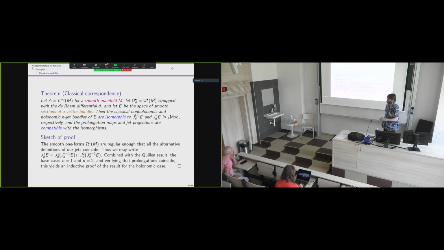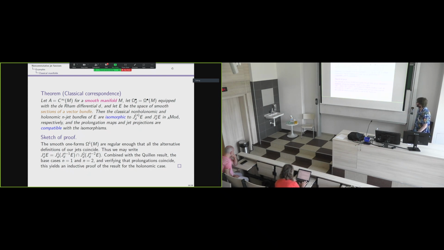So how to do this? Well, we didn't have time to talk about alternative definitions of the jet functors in the first part. But there is a theorem there: if the one forms are regular enough, then you can get a similar intersection theorem to Quillen. And in this case, the one forms are actually a vector bundle, so they are maximally nice. Everything we could hope for is satisfied.